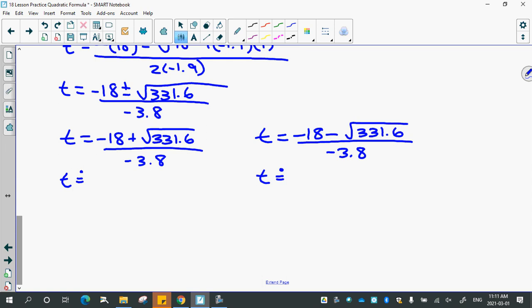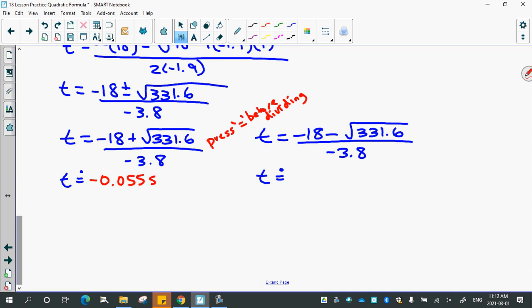The biggest thing to remember when typing it in your calculator is to press equals after you do the top before you divide. So once you've got the top, press equals and then divide by negative 3.8. So negative 18 plus the square root of 331.6, equals, divided by negative 3.8, equals, and I got negative 0.055.